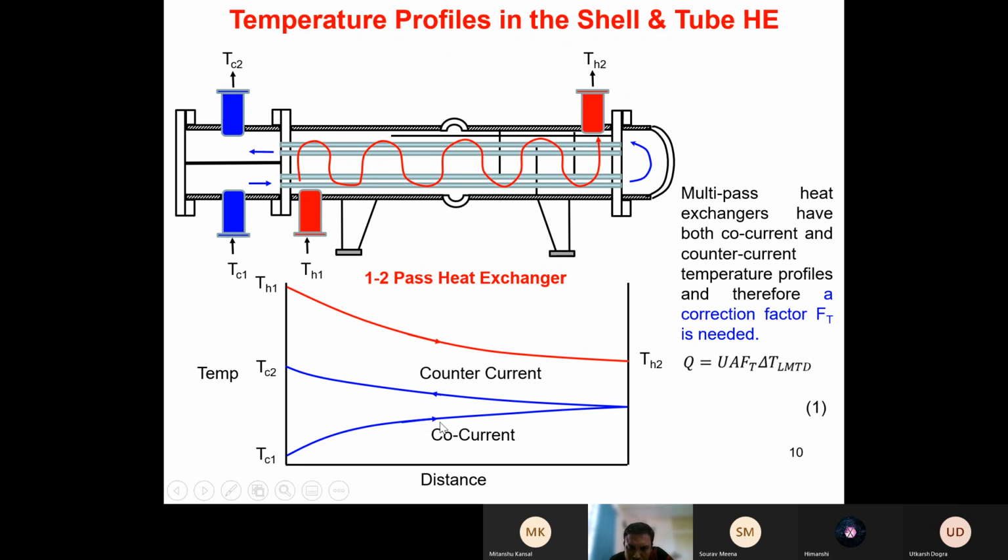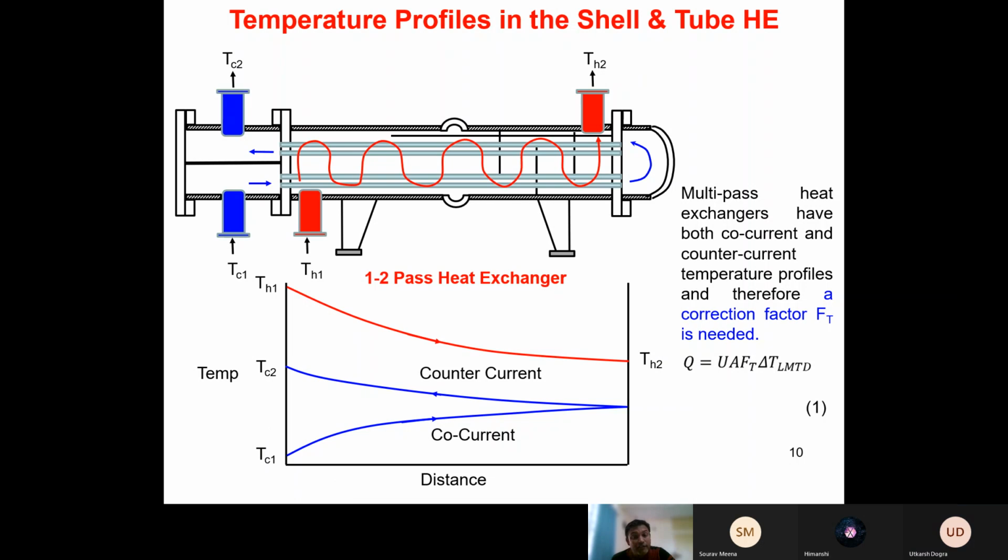So this direction of the cold fluid in the first pass is the same as the direction of the hot fluid. Once I reach this end, this cold fluid changes direction and comes back like this, isn't it? And finally reaches TC2. Is it clear? The second graph, which is shown by a blue color, is clear to everyone?